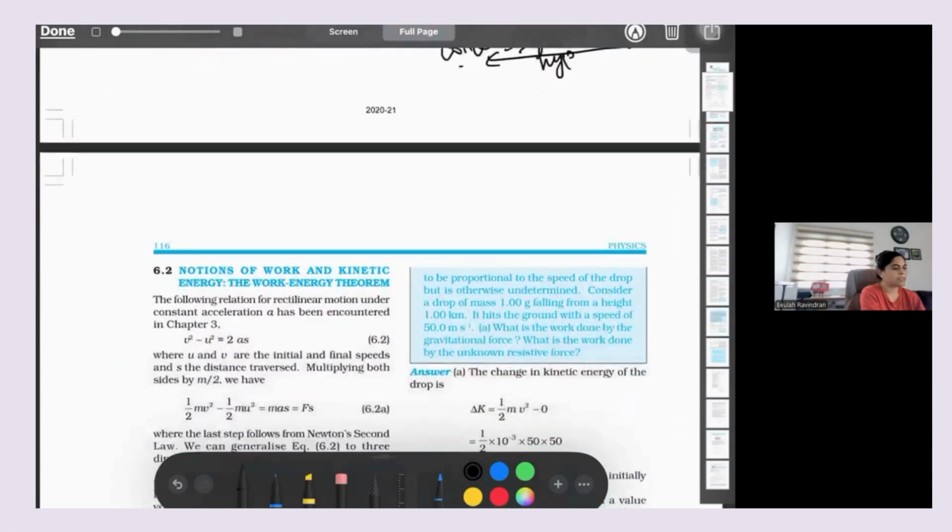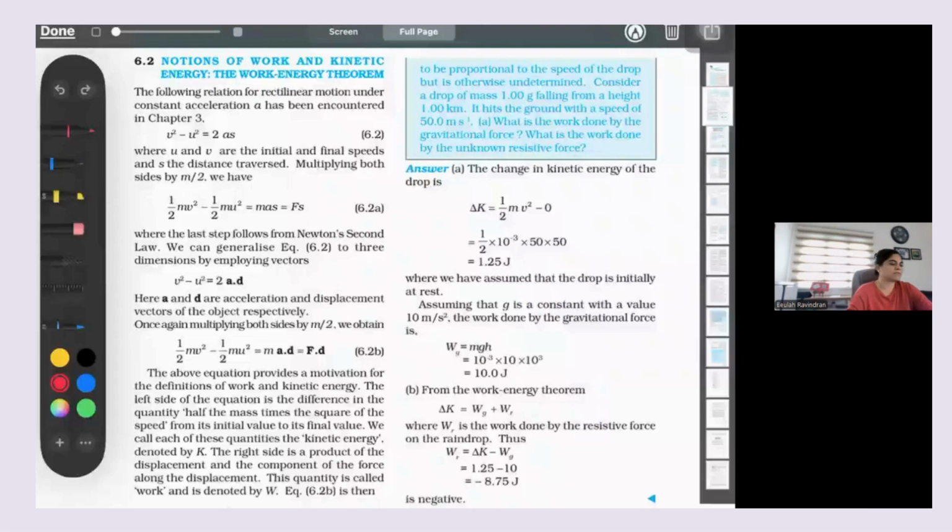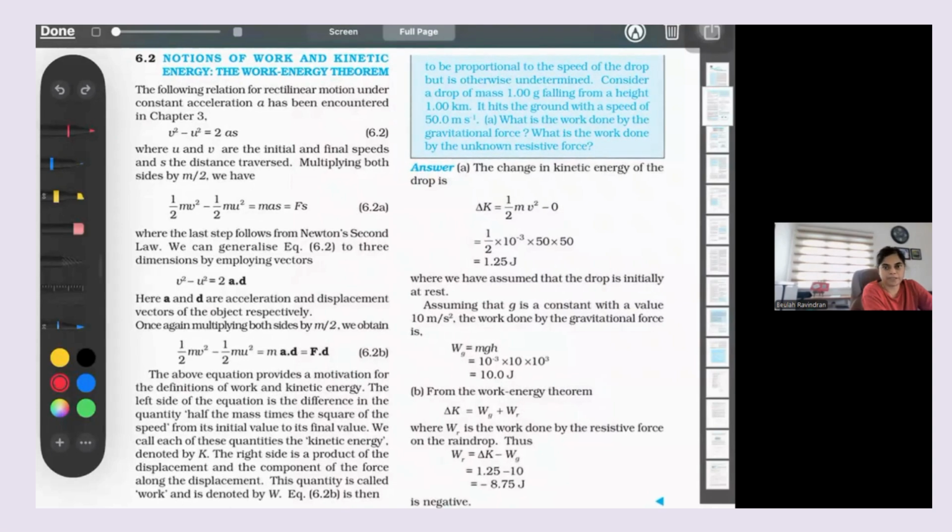Then the kinematic equations and all, you have learned, right? What are all the equations you have learned? See, you have encountered all the formulas, right?